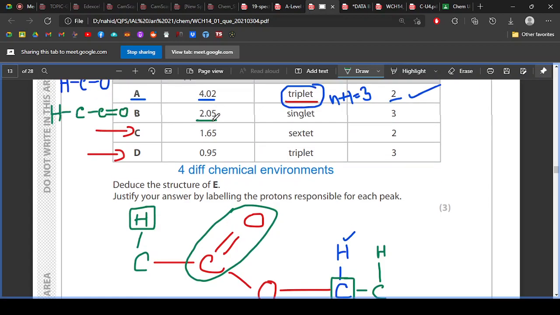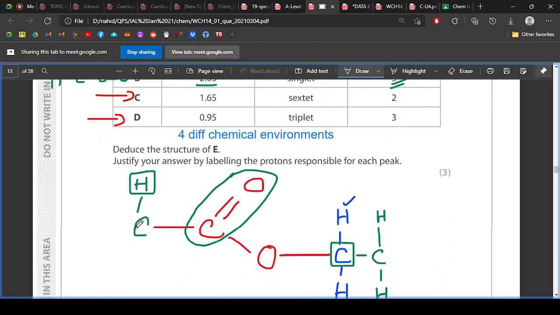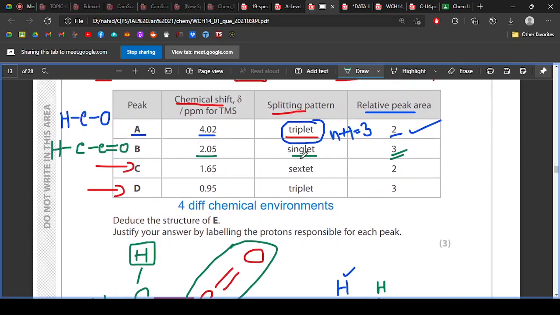Yes or no? Yes. All right. Now, what is the relative peak area? 3. That means how many hydrogens must there have been in this environment to give you that signal? 3. Also, look at the pattern. What is it? It's a singlet.